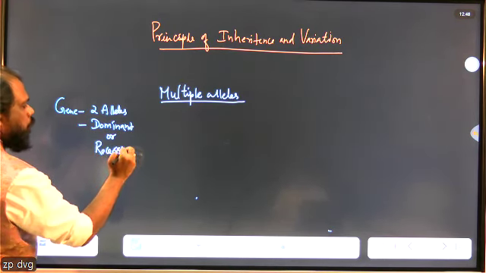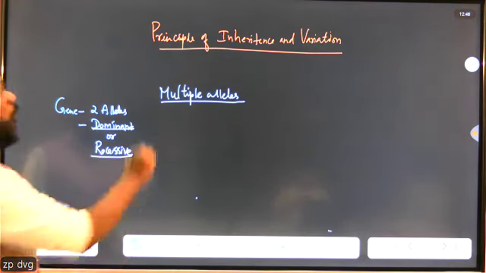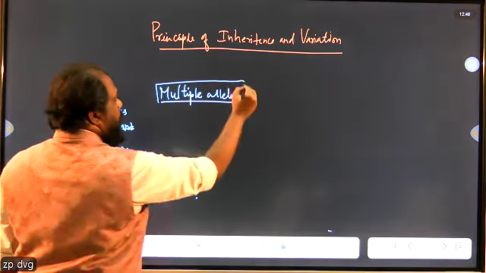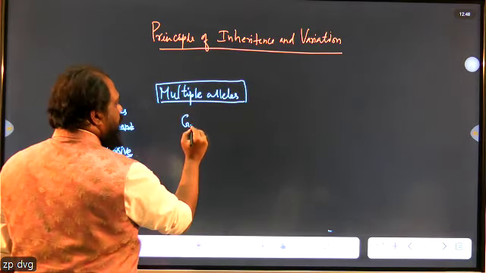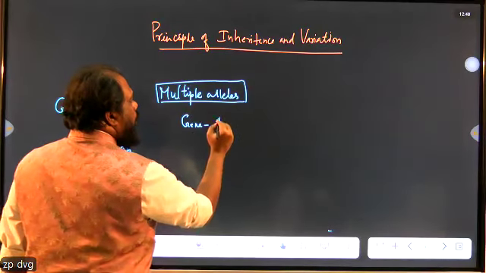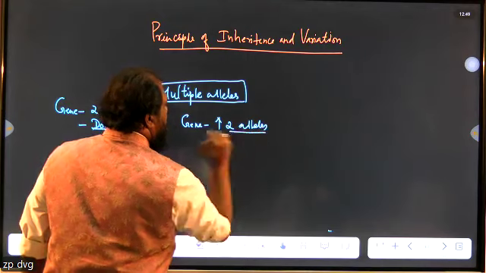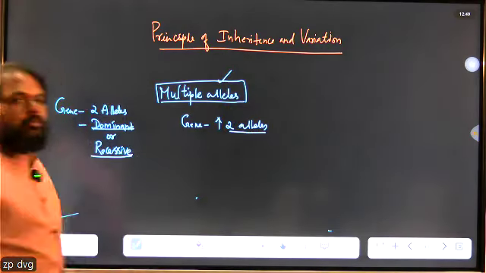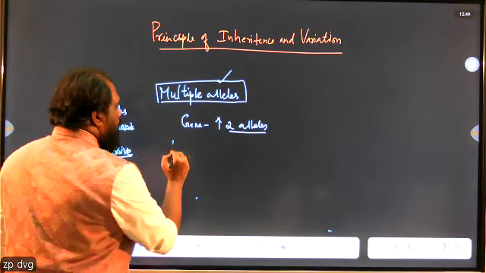We also discussed what is dominant allele and what is recessive allele. Now, one more concept is called multiple allele. Simple. For example, if a particular gene will have more than two alleles, then that particular condition is called multiple allele condition. Example I already gave, blood group.